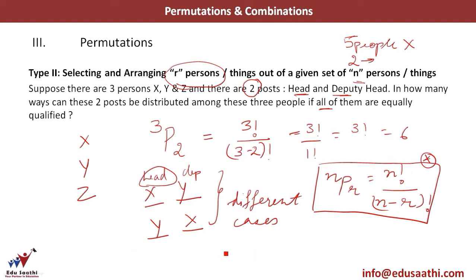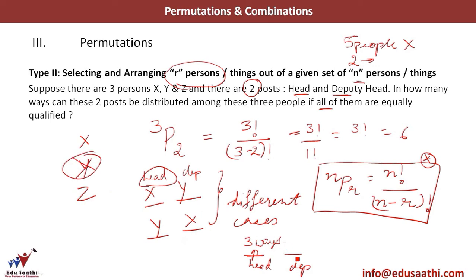Also, if we do it by the fundamental principle of counting, I have 2 spaces here. One is for the head and the other one for the deputy head. In how many ways can I fill this space? In 3 ways, because any one of X, Y and Z can come here. Now one of them has already taken the head's place. Let's say that Y has already been selected.